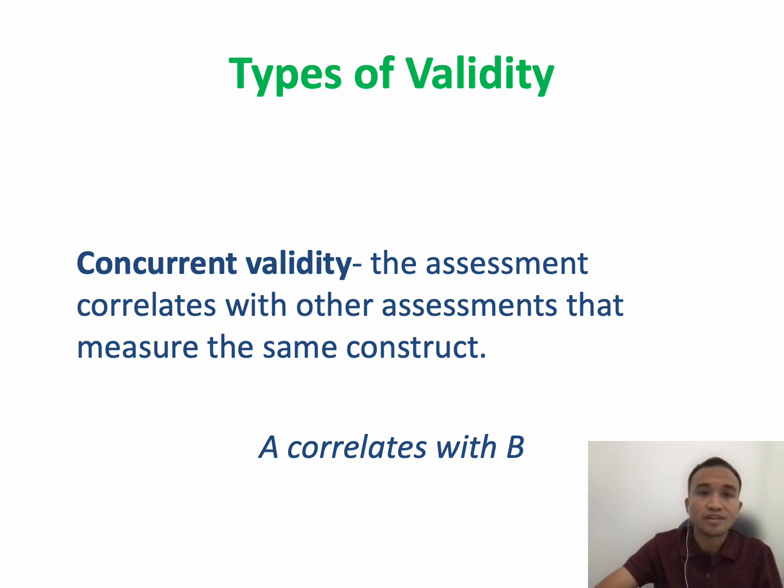So, concurrent validity is when the assessment correlates with another assessment that measures the same construct. Okay, if they don't correlate, one or both of the assessments may not provide valid inferences.